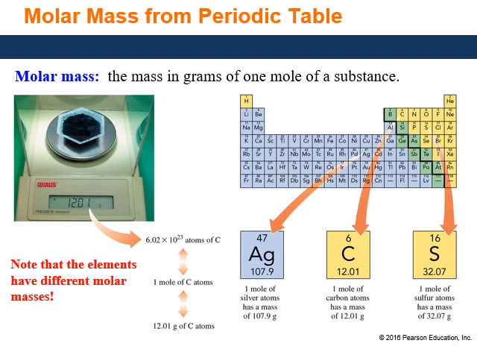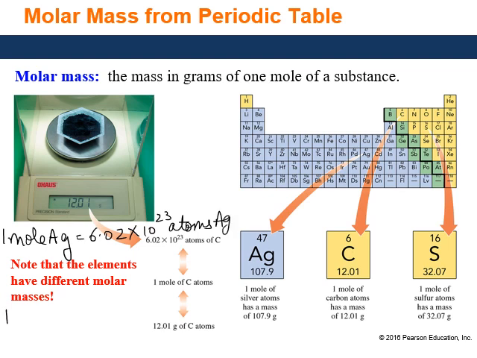Example, 1 mole of silver would weigh 107.9 grams, 1 mole of carbon would weigh 12.01 grams, 1 mole of sulfur would weigh 32.07 grams. Now, 1 mole of silver has how many atoms of silver? 6.02 times 10 raised to power 23.